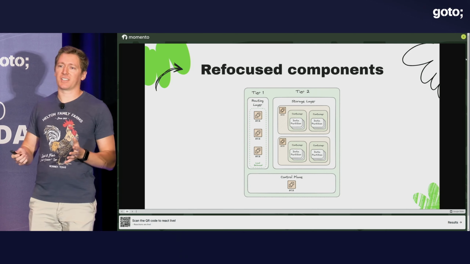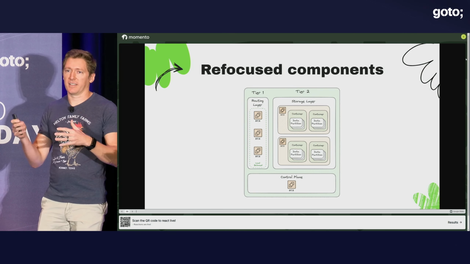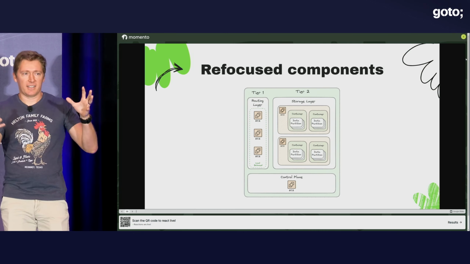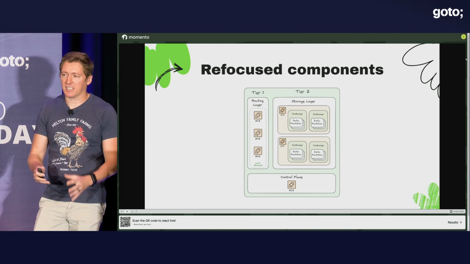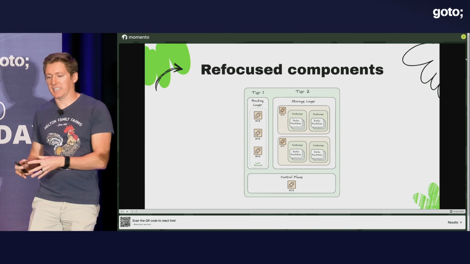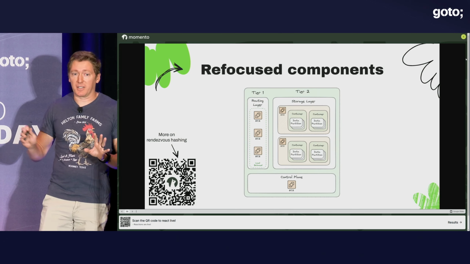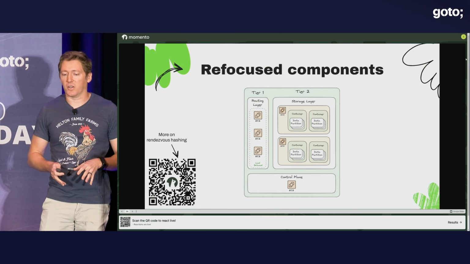We actually use a rendezvous hashing algorithm based on the namespace and the topic name and the customer. It all says, okay, well, based on how all this is shaped, we hash it, you're gonna go to this specific storage tier, to this specific container. Again, it's called rendezvous hashing. Highly recommend if you're interested in something like that. It's a deterministic way to figure out where things need to go.